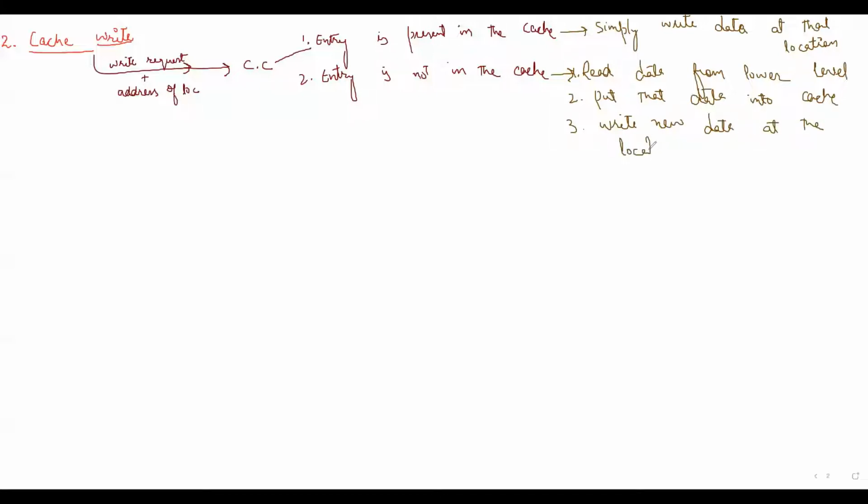So that means if it is not finding the data in the cache, that particular data which it wants to update, it will get that data from the main memory. After getting that data from the lower level cache or from the main memory, it will first put it into the cache and then update that data.